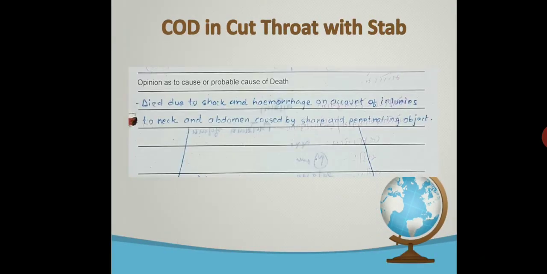If you have done the postmortem examination of a cut throat with stab, then how do you opine the cause of death, concisely? See, the opinion about the cause of death is given as: died due to shock and hemorrhage on account of injury to the neck and abdomen caused by sharp and penetrating object.